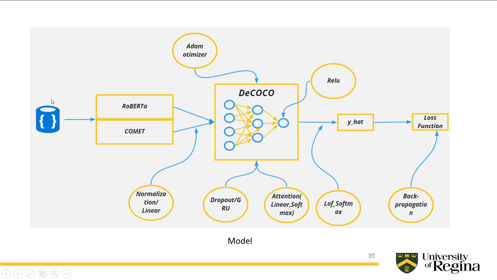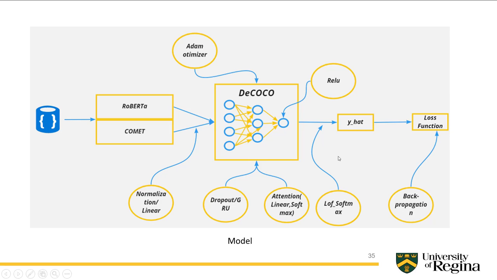This is the dataset, where feature extraction happens by using RoBERTa and COMET, and normalization happens on the input. This is a decoder consisting of GRU, and dropout happens in the hidden layer, and attention is applied because the datasets are imbalanced, all of them. ReLU is the activation for the last layer, and then softmax produces the y-hat and loss function.